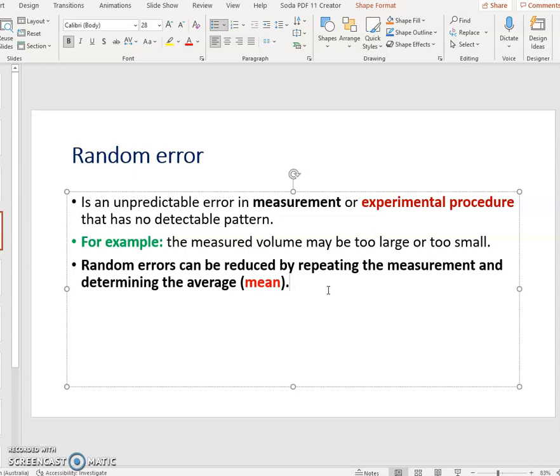But if you do the same thing over and over, then we reduce the amount of potential of these random errors, because we can clearly see in our trials if there was something that was out, a discrepancy.